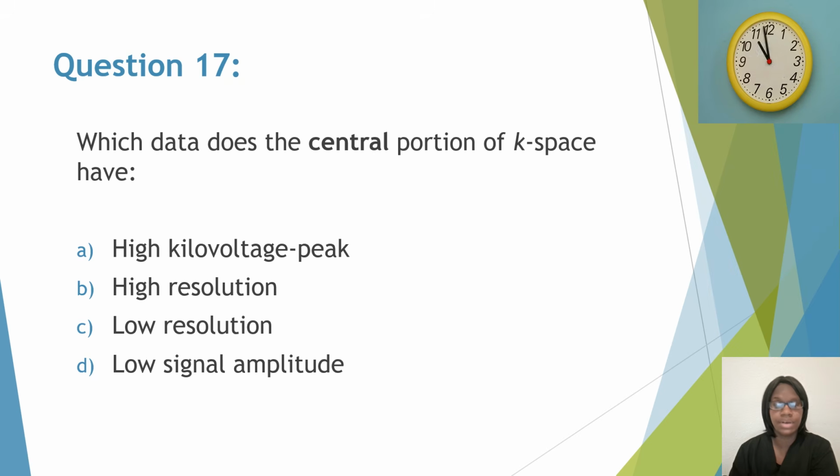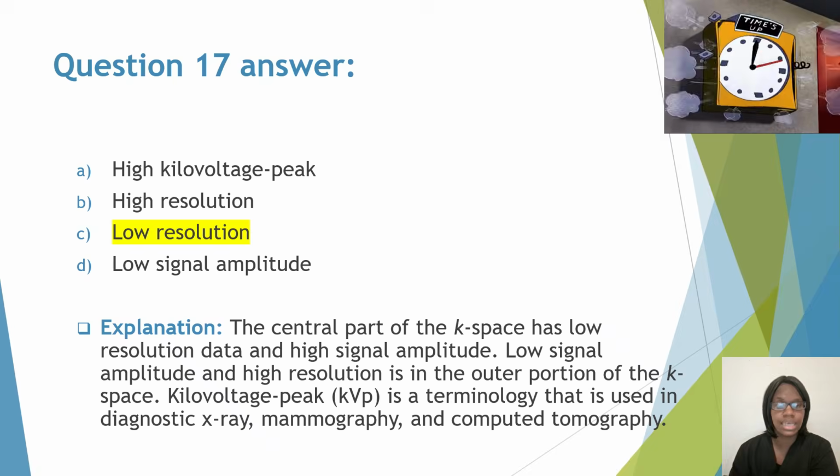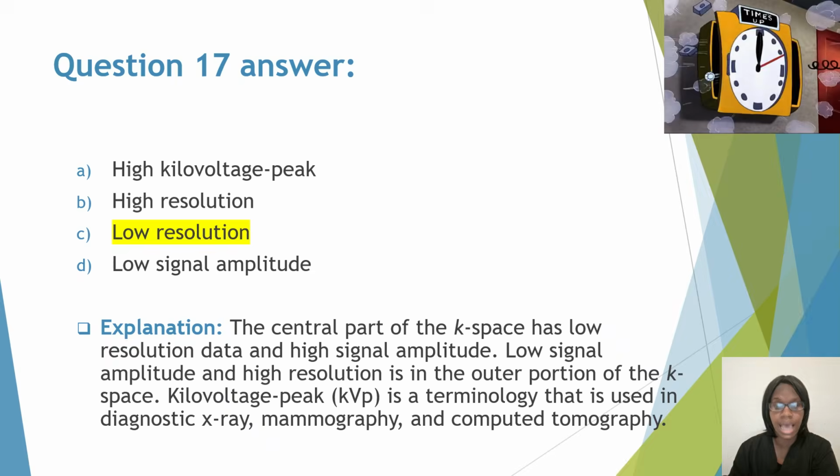All right, the correct answer is C, low resolution. The central part of the K-space has low resolution data and high signal amplitude. Low signal amplitude and high resolution is in the outer portion of the K-space.